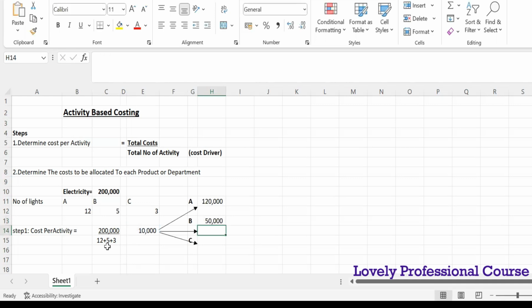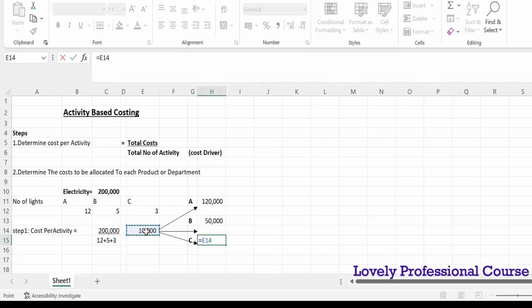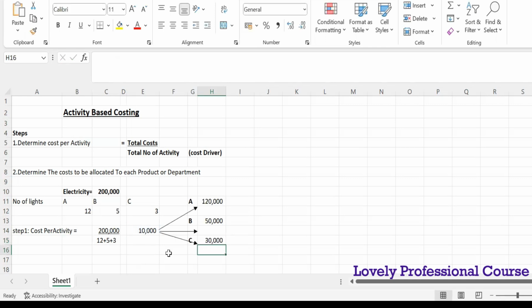So you have this. Then on C, I'm going to take this cost per activity also and multiply by, okay, good learners, please tell me, this 3. This last one in department C, put 3. Then it becomes this. So once I add up these expenditures, it will give me the total expense that was in the pool, this 200,000.